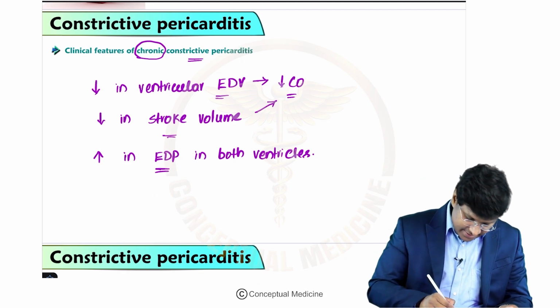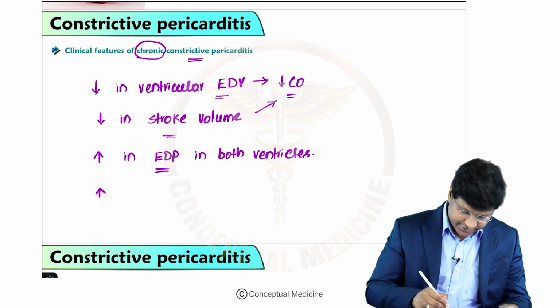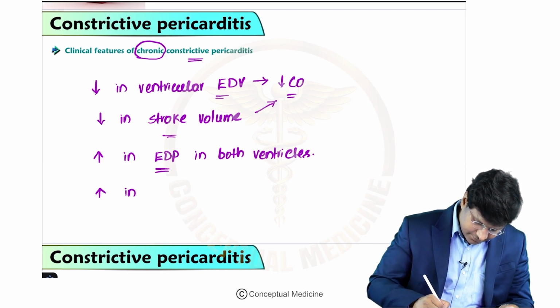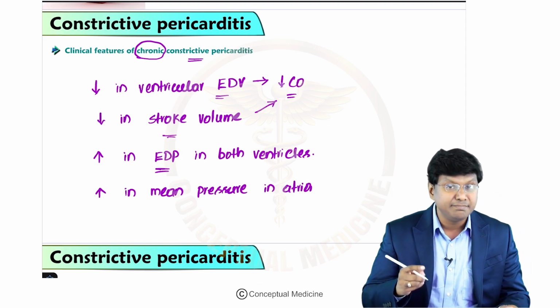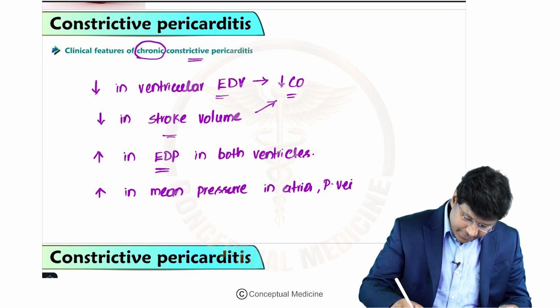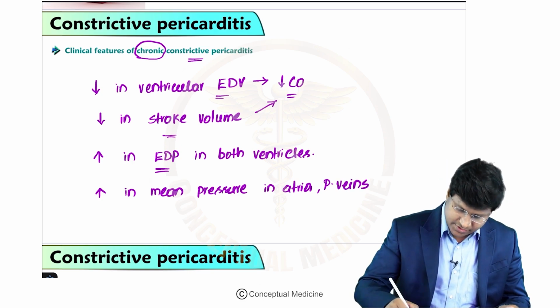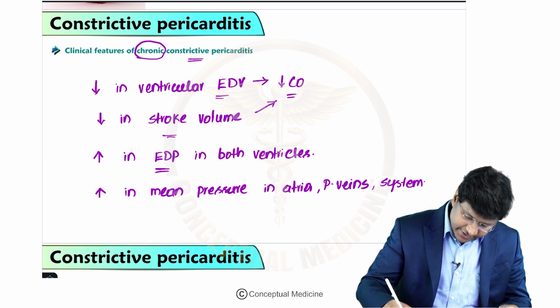There is also an increase in mean pressure in the atria, an increase in the pressure in the pulmonary veins, and also an increase in the pressure in the systemic veins.